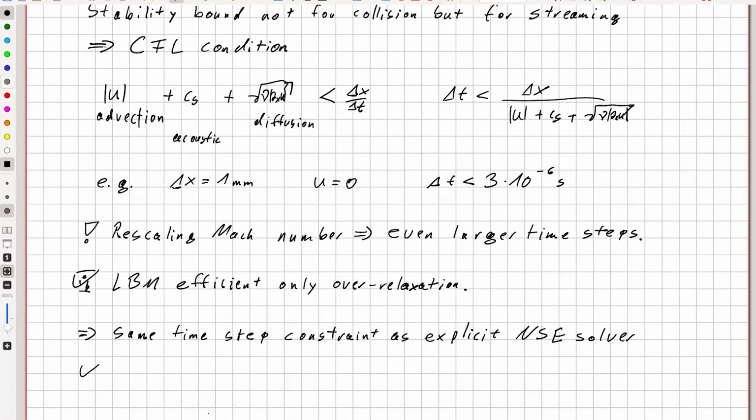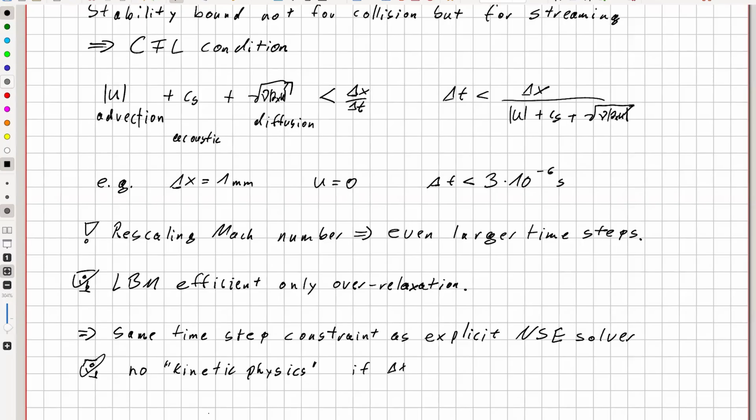So another thing is a little bit unfortunate. There is no kinetic physics left. Yeah, I mean, this is what we actually left out by choosing only a few speeds.